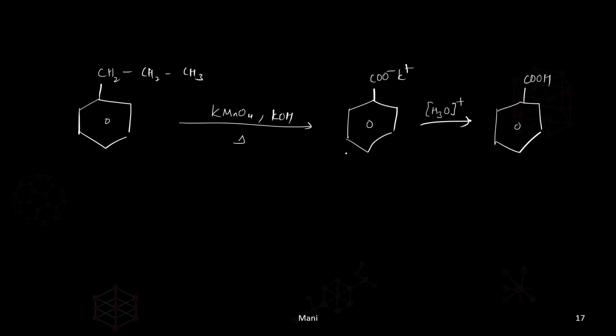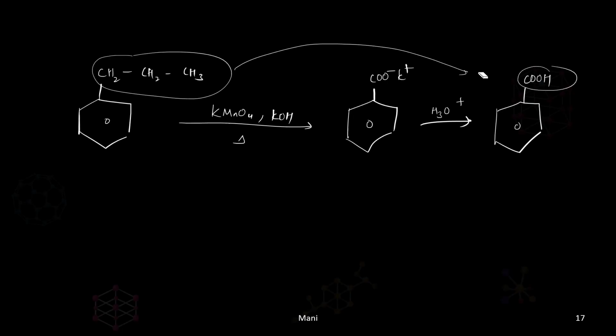Understood? So how does it form? Whatever the side chain is there, the alkyl side chain, it has turned out to be the carboxylate group. Understood? Yes, sir.